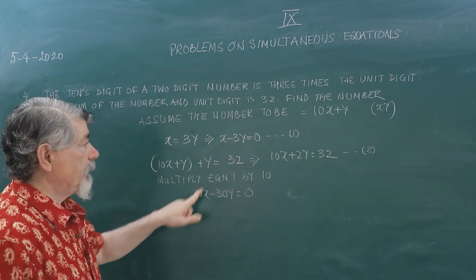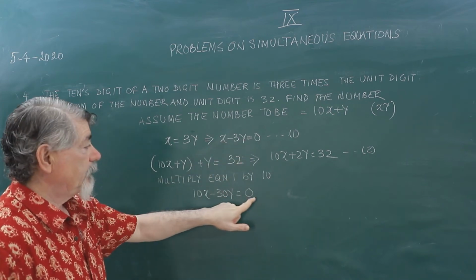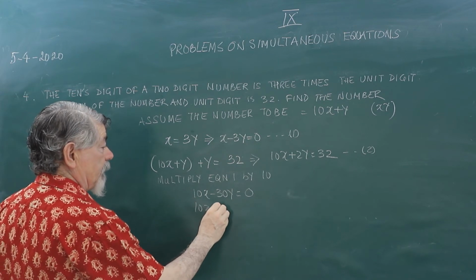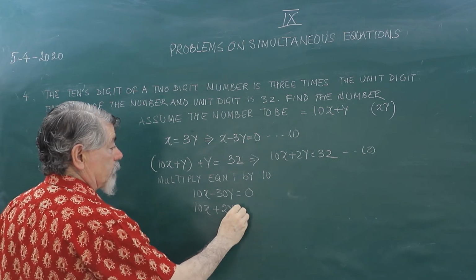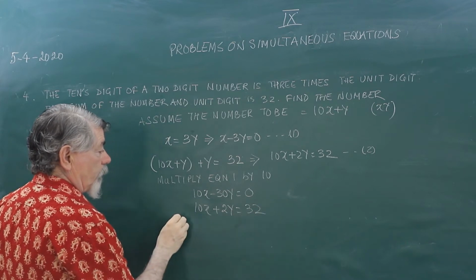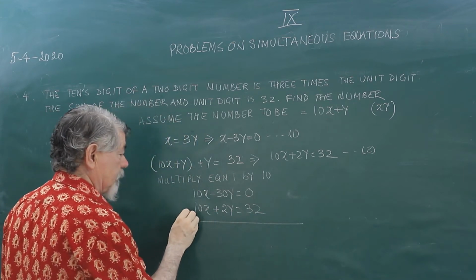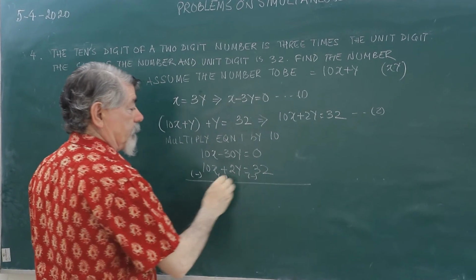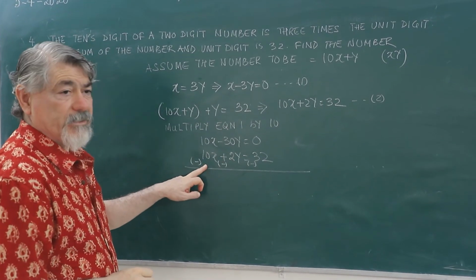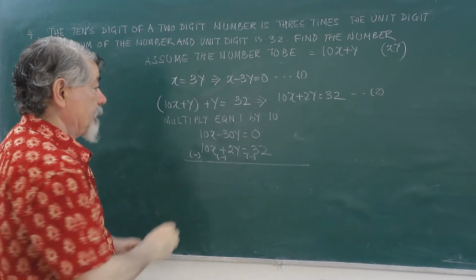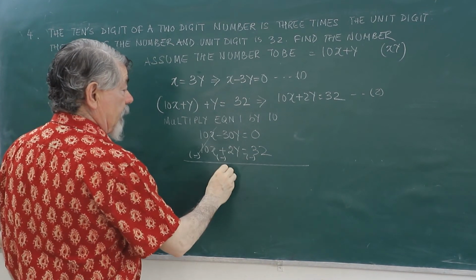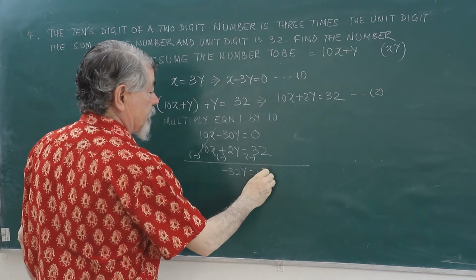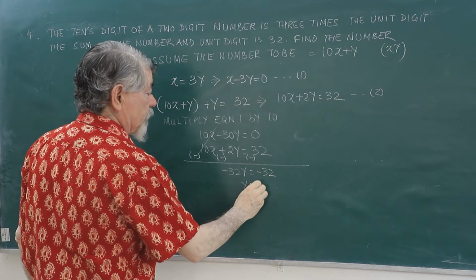The second equation is 10x plus 2y is equal to 32. Let us subtract. Now 10x minus 10x will cancel. It will be minus 32y is equal to minus 32, or y will be equal to 1.